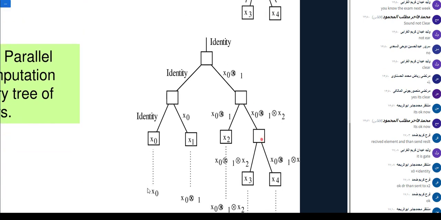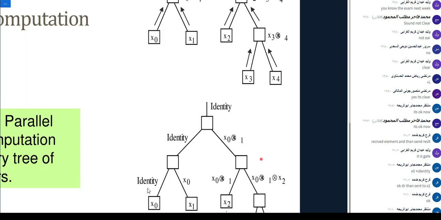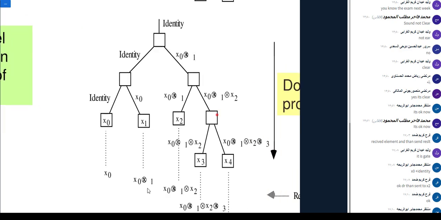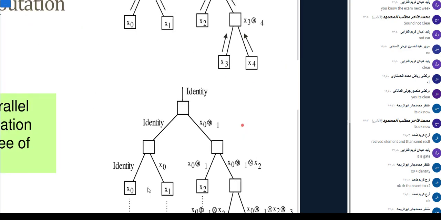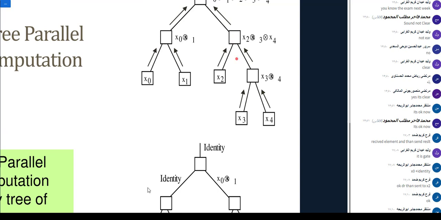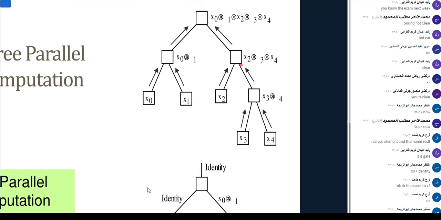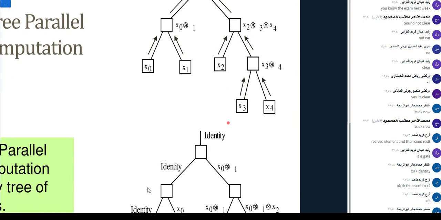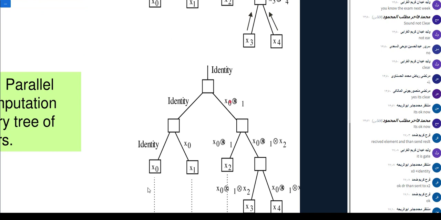In this place, what is the thing in upward? So now it is received x0 symbol x1. How about x2?